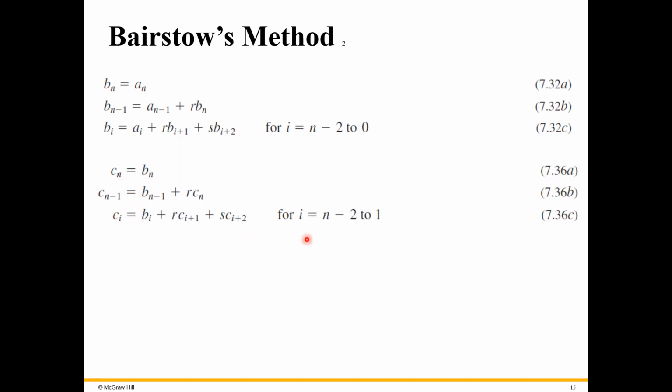But there is one difference. We need to find the values of b from b0 to bn, but here we will not need to find c0. There is no c0 coefficient. There are only the coefficients c from 1 to n, not from 0 to n, so i goes from n minus 2 to 1.